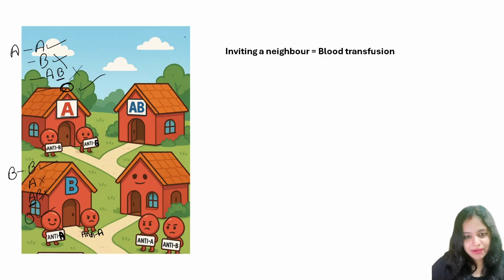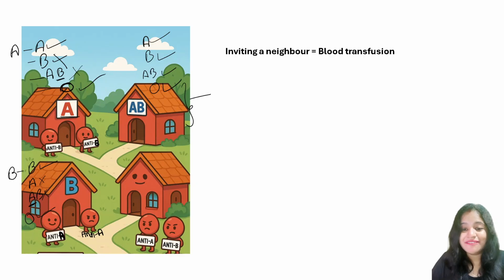Clear? Now let's see what happens when this AB has a party. Okay, when this AB has a party, it's a grand party, everybody can come. It doesn't have any guards to restrict. So, can A come? Yes. Can B come? Happily. Can AB come? Obviously. It can go anywhere. So, what does this make our AB? It makes our AB a very good receptor, a very good acceptor.